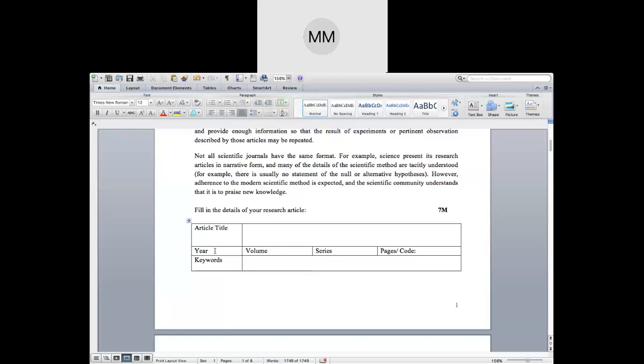So what the editorial board of the journal has to do is, it has to design the journal such that it fits into the journal's style of writing, and then it will publish it either physically, hard copy, or softly online. That is the publish year. So the year here that I'm talking about is the published year.